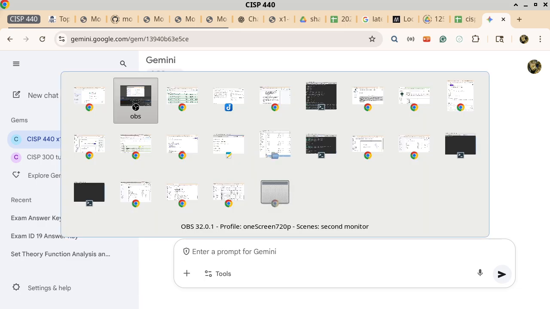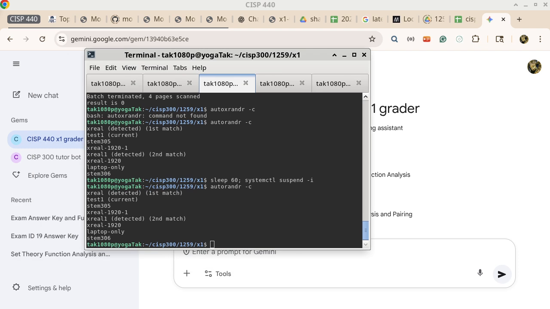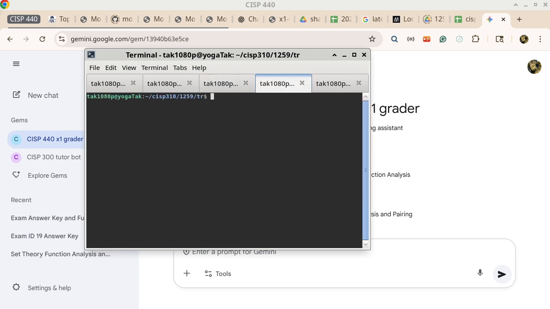Now I'm showing you this because I think it is good, for full disclosure: is the professor using AI in his own way? The answer is yeah, definitely. So the script takes the input.